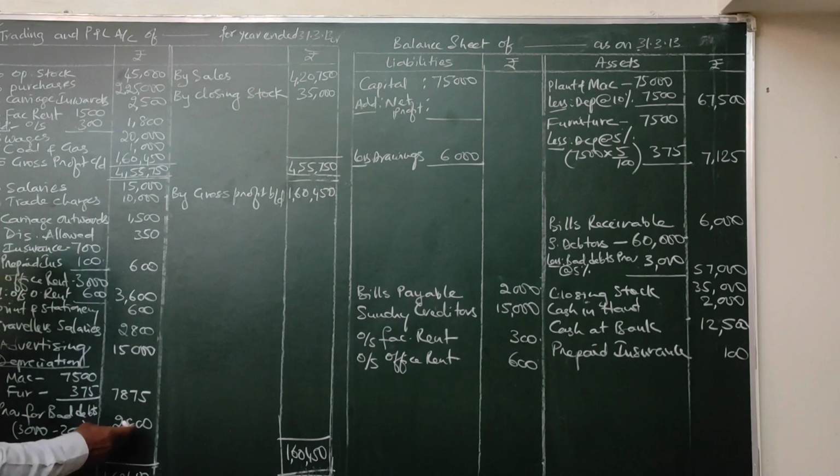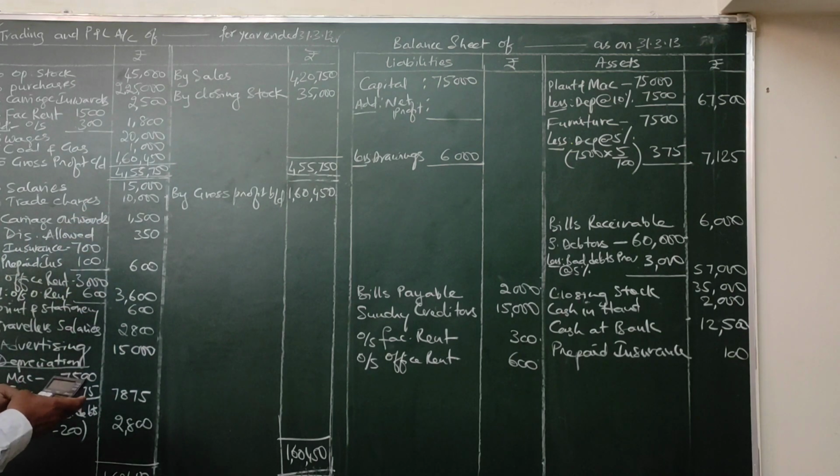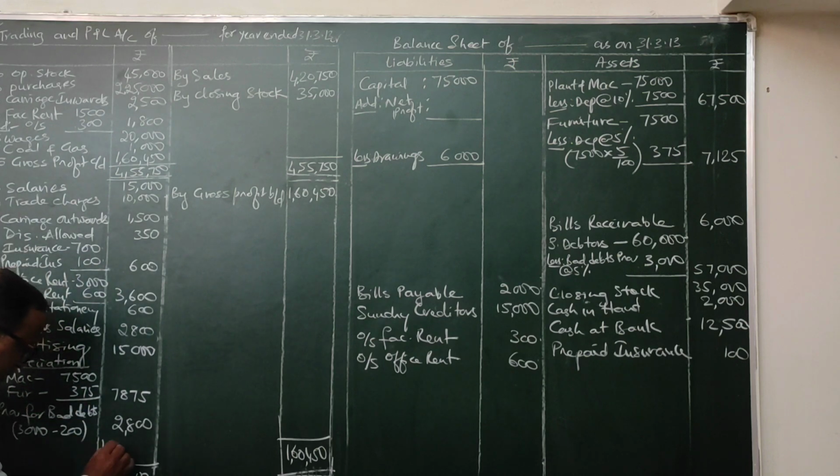From this, if we subtract these items: 15,000, 10,000, 1,500, 350, 600, 3,600, 600, 2,800, 15,000, 7,875, 2,800, your net profit will be 1,30,325.